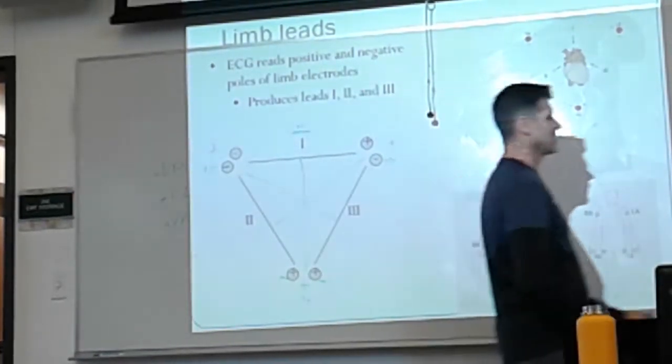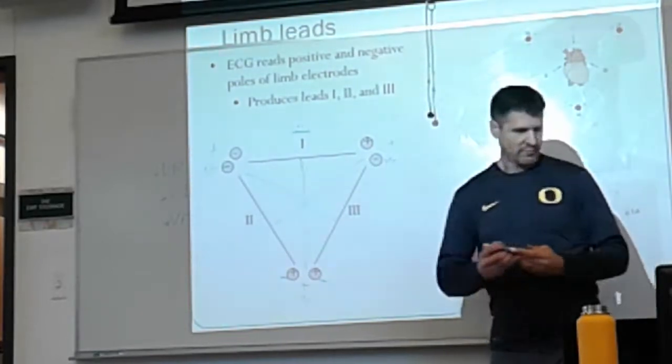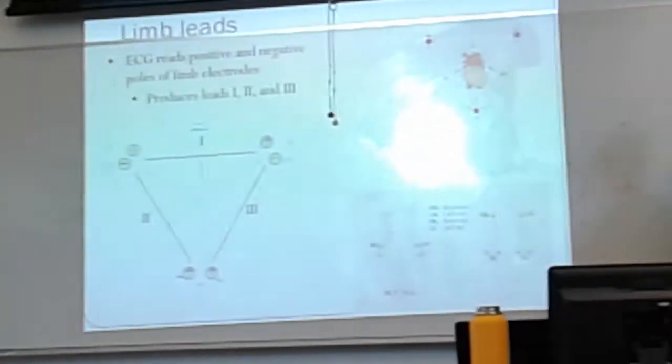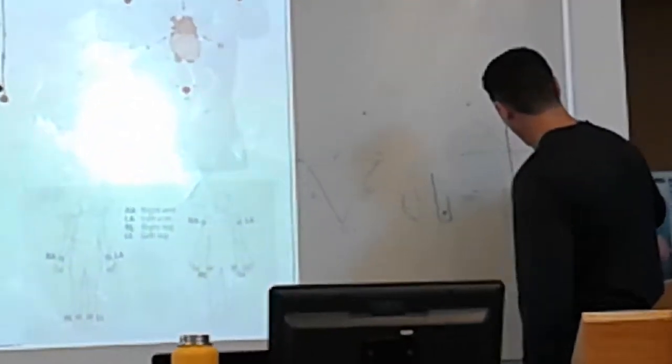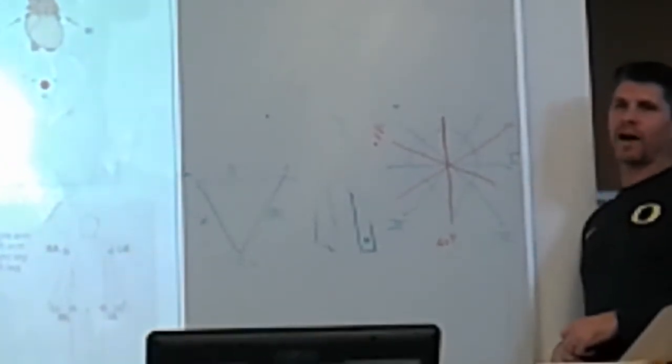So now we see this view, which is AVF. We see this view, which is AVL. We see this view, which is AVR. We have now used 6 cuts of the pie.